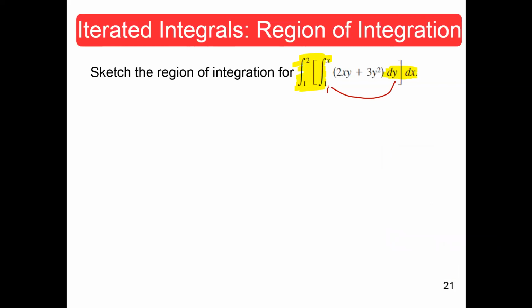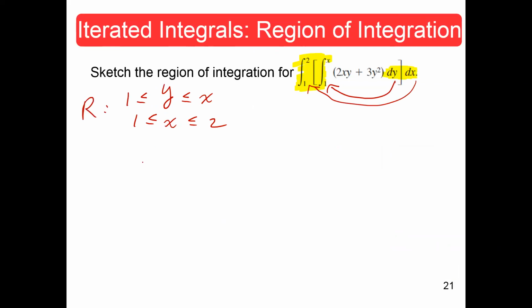First of all, let's recognize why it would be between 1 and x, right? So y is between 1 and x. X is between 1 and 2. Let's look at this region.